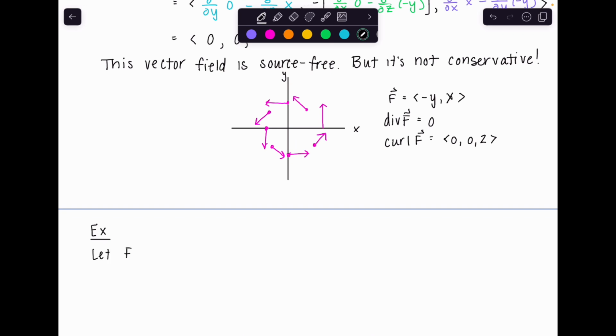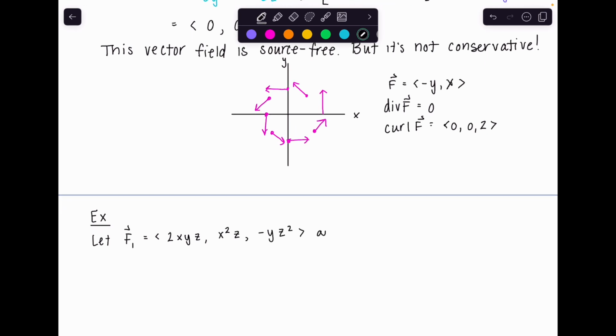We're going to let the vector field F1 be given by 2xyz, then x squared z, and then negative y z squared. And then F2 is going to be given by 2xy, x squared, 1.